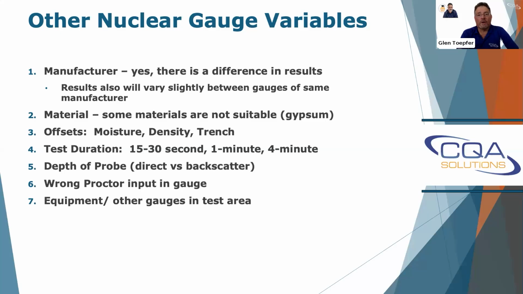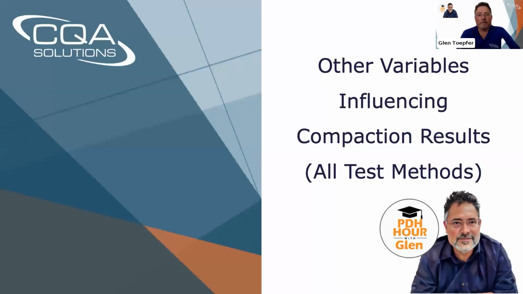The depth of the probe, direct versus backscatter, is obviously going to impact your results. Wrong proctor, wrong information input into the gauges, and other equipment in the area. I've had where their vibratory smooth drum is getting done for the day and they're running by, and for some reason that impacts the gauge. And it's not where I'm testing, but it's close by. But I've seen where it does it, and you get them to stop and you get different results.